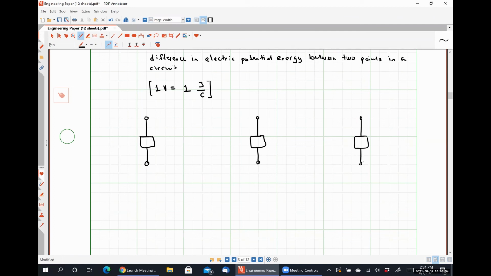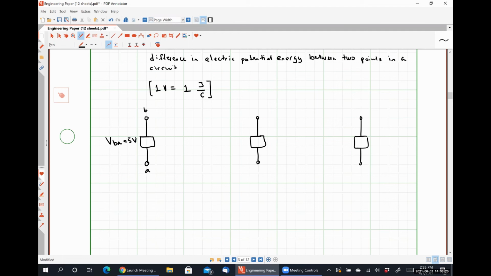So the first way that we can represent voltage in a circuit is what's called a double subscript notation. So in a double subscript notation, I identify terminals with subscripts. So I'm saying that the top terminal has a label of B, and the bottom terminal has a label of A. And I could say that the voltage VBA is equal to 5 volts.